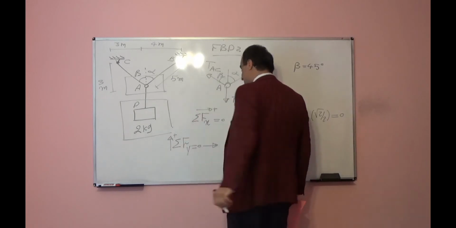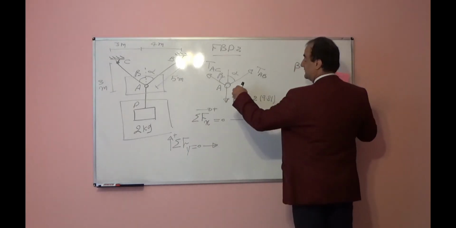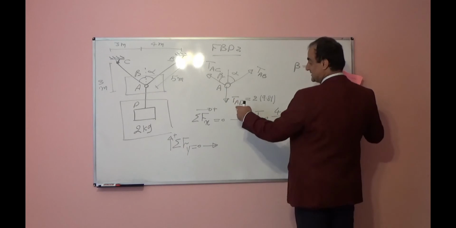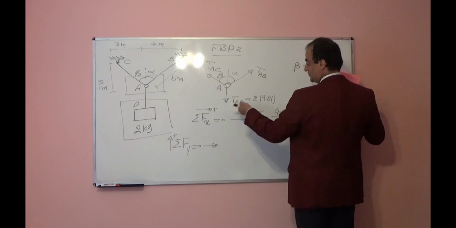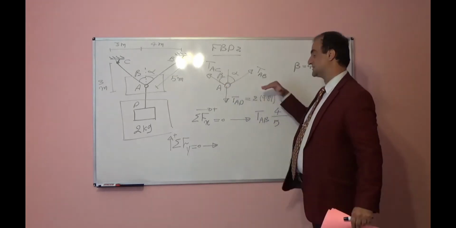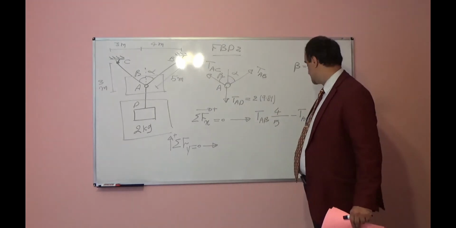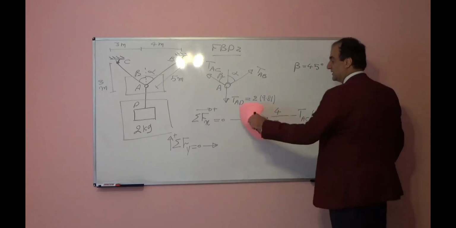The summation of forces in the y direction is equal to 0. I will decompose all forces in the y direction. T_AD has no projection in the x direction because it is perpendicular to that direction, so you don't see AD in the x equilibrium equation.